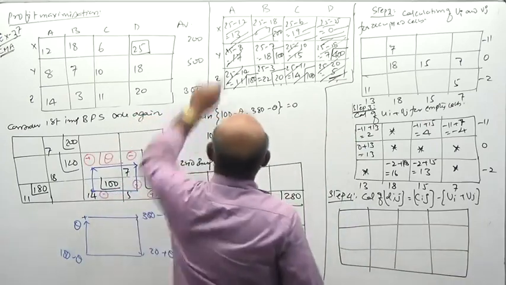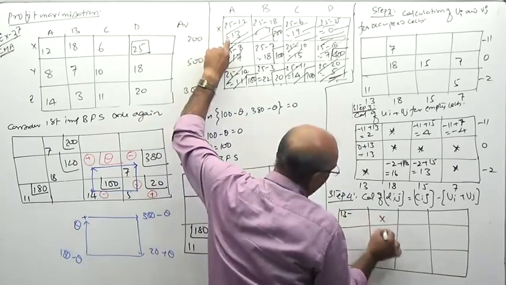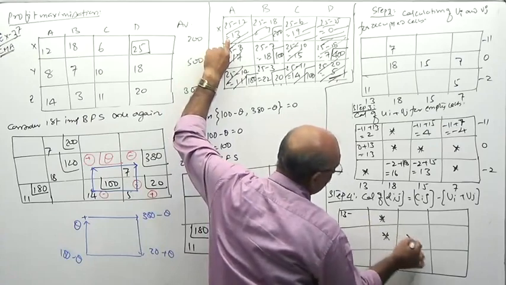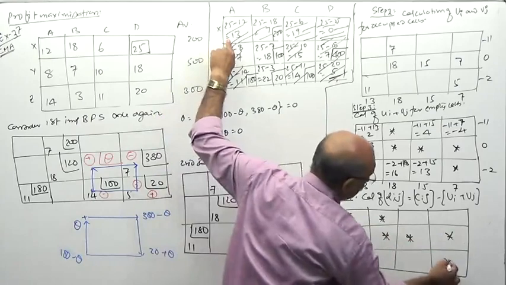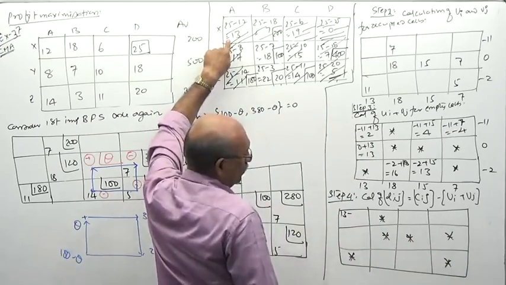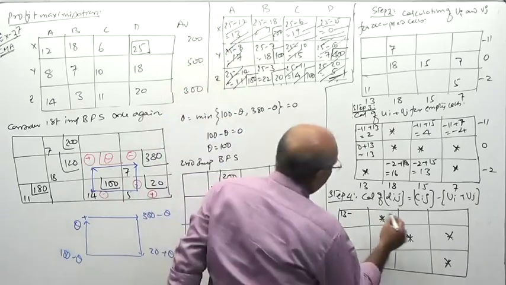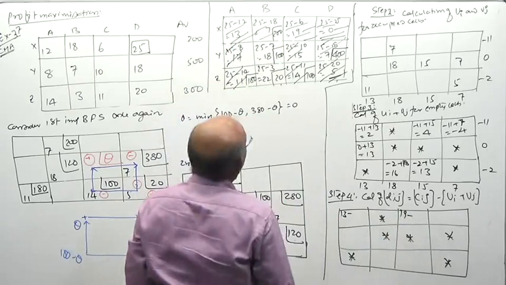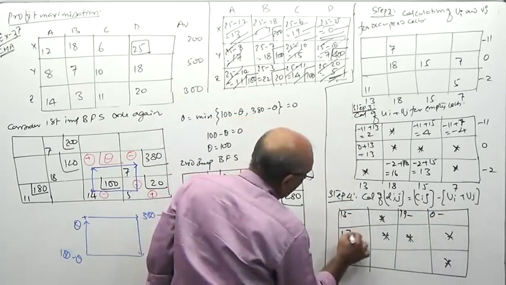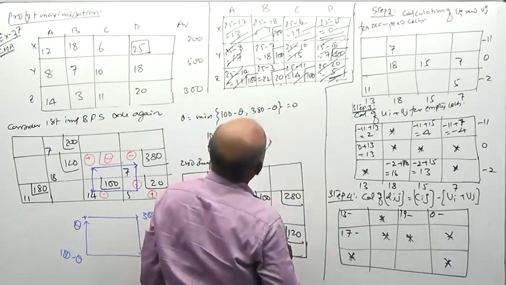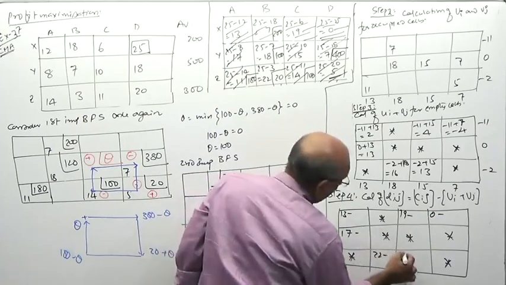So cost is equal to 13 minus. I have to put an identification mark in the occupied cells as usual. 1, 2, 3, 4, 5, 6. Next, 19 minus 0 minus 17 minus 22 minus 14 minus.